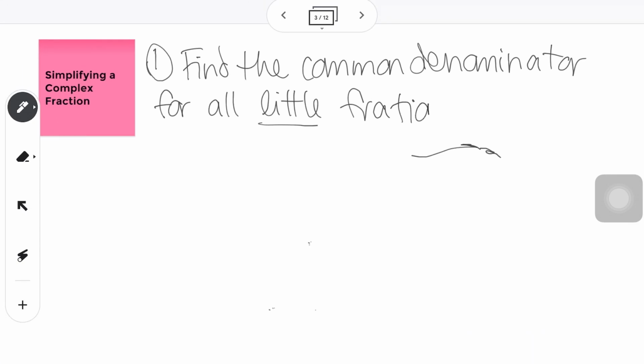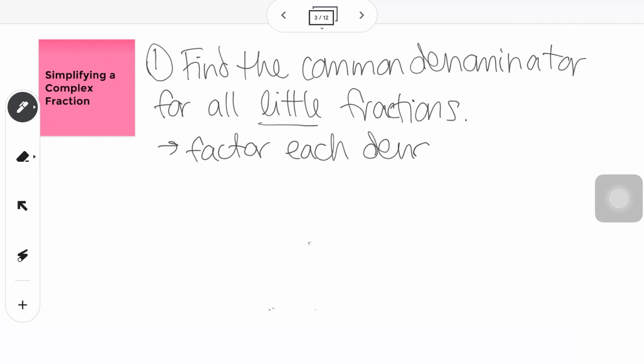Those are the ones that are embedded within the other ones. What that means for you is that you will need to factor each denominator of the little fractions. I would not at this point factor the numerator, I would only factor the denominators if that's possible.